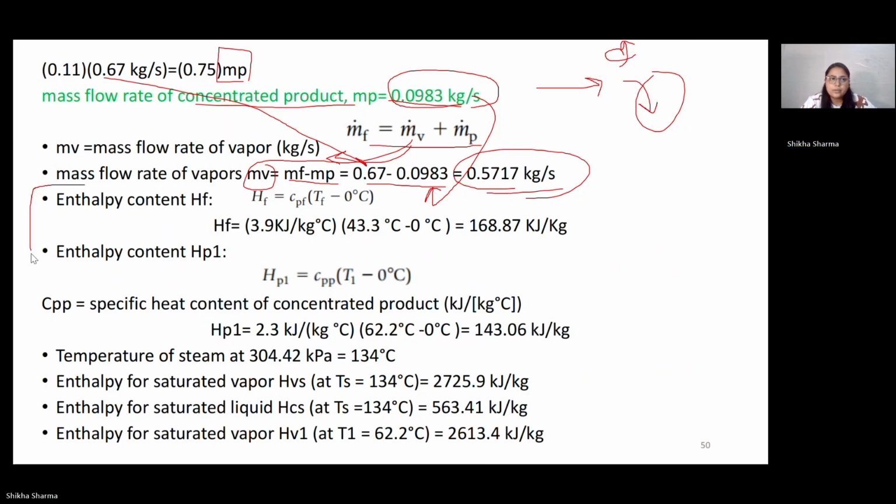Now we need to do the enthalpy balance. We're going to calculate the enthalpies of the different fractions.